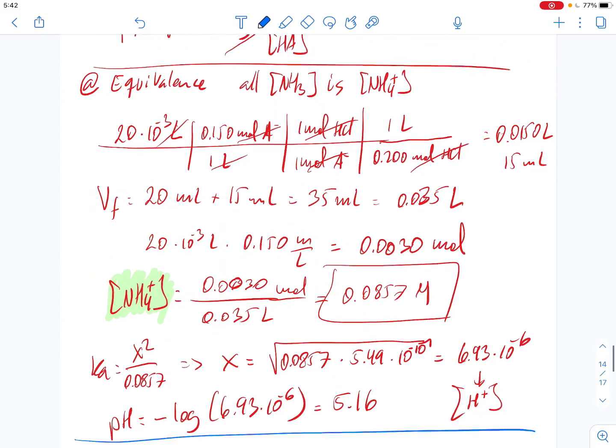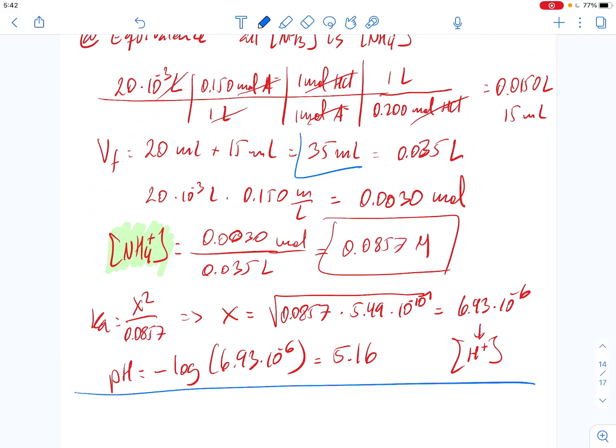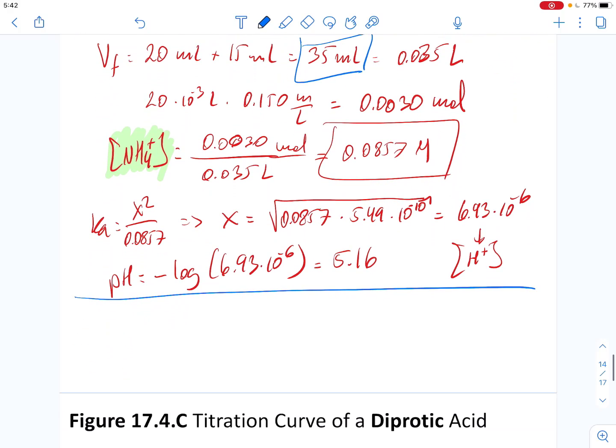Since at equivalence your final volume is 35 milliliters, your final volume after adding 1.2 milliliters is going to be 35 plus 1.2 equal 36.2 milliliters.